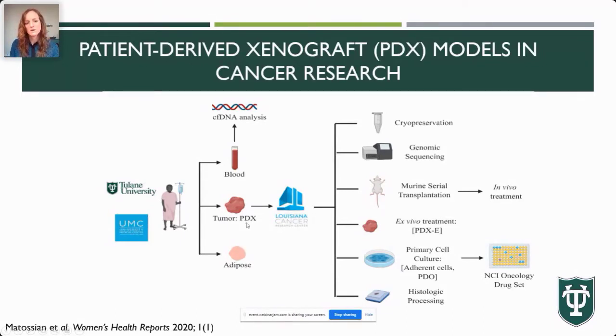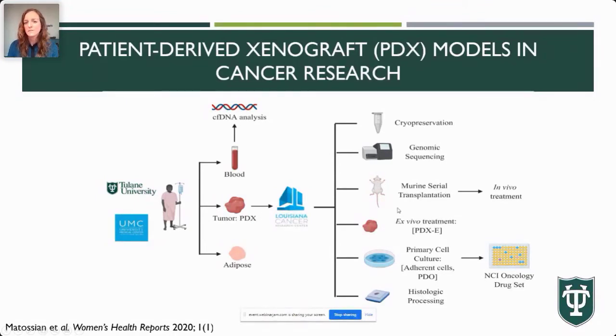The tumor tissue we acquire, as well as adjacent adipose tissue or other biospecimens if it fits our needs at the time for experimentation. The tissues are processed through a biospecimen core facility at the Louisiana Cancer Research Center. And then we cryopreserve them for future use.